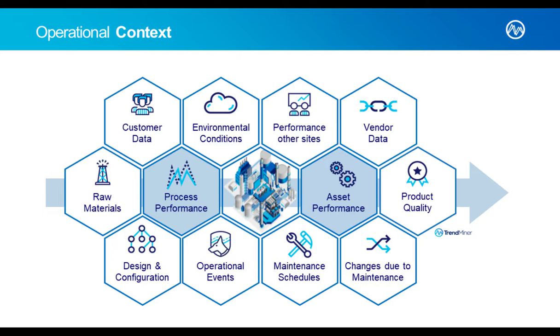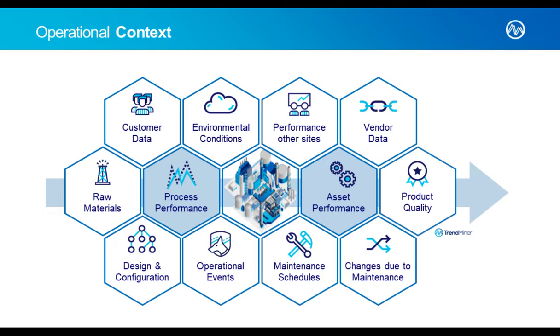That's really the data domain. There's another domain which we call the context domain. If you look at a process from a simple perspective, you've got your raw materials going in, you've got your process performance and asset performance, which yields, in the end, a certain product yield and a certain product quality.